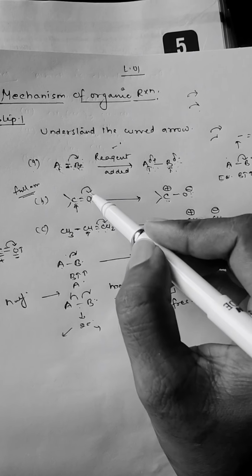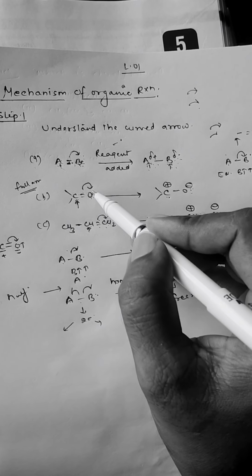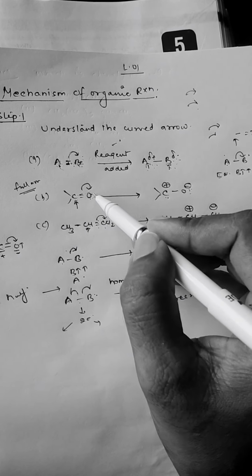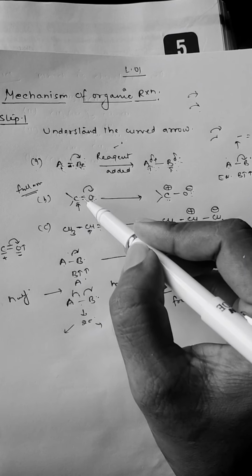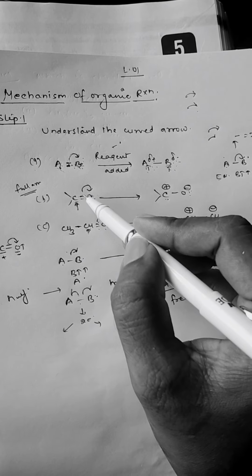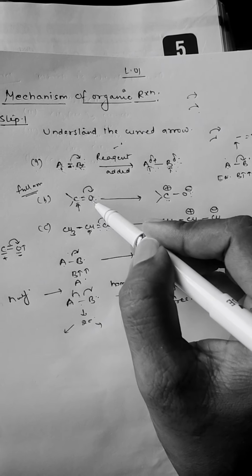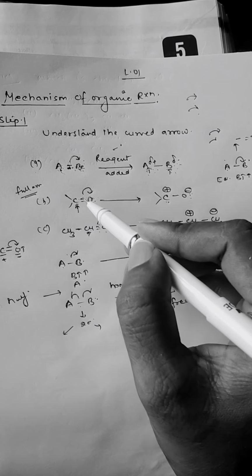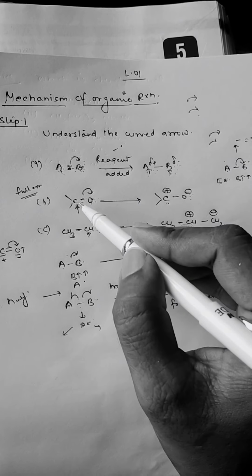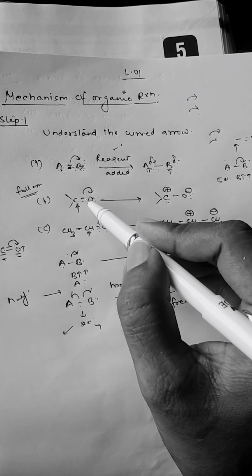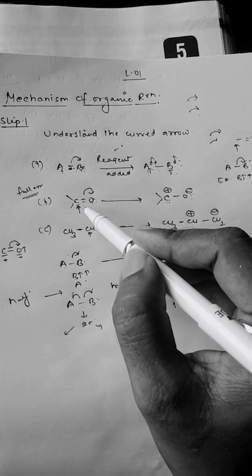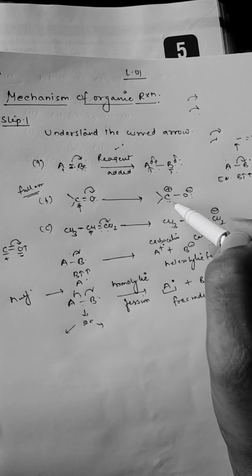Here I have used the full-headed arrow because the single bond between carbon and oxygen breaks down and the two electrons go to oxygen, since it is much more electronegative than C. So the oxygen is converted to O minus, and carbon is converted to C plus.